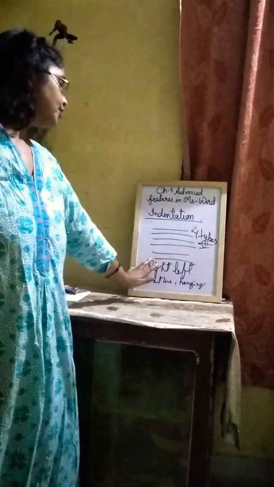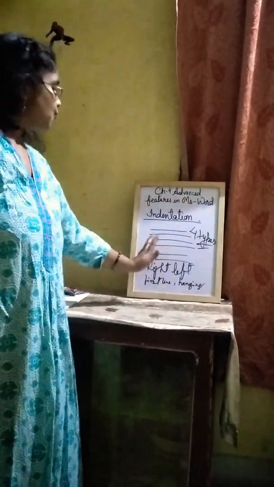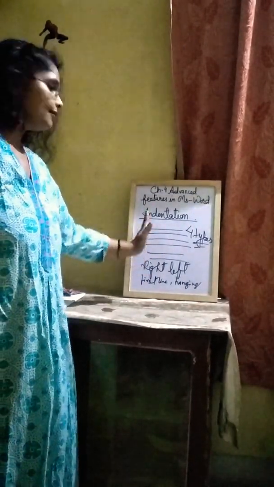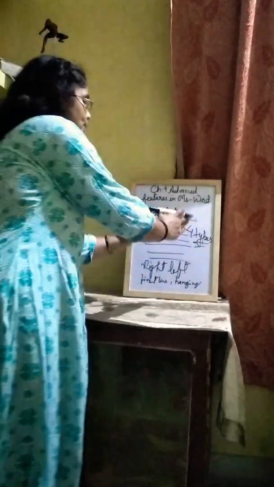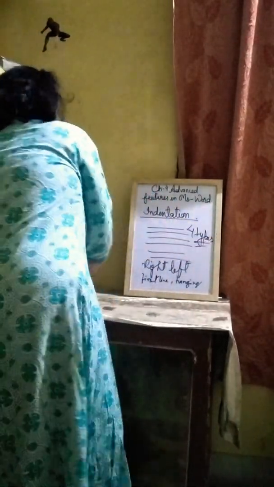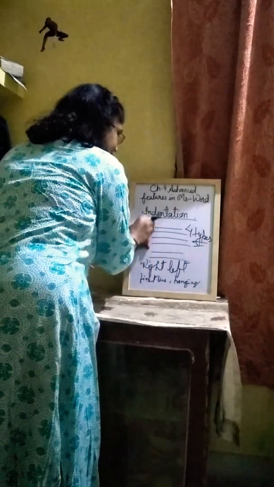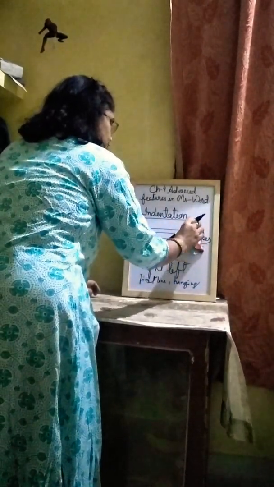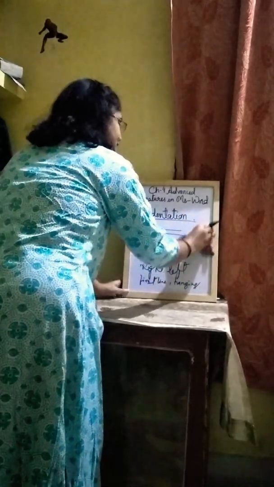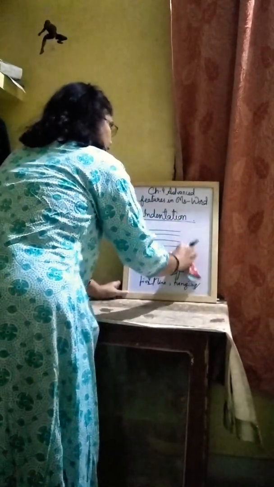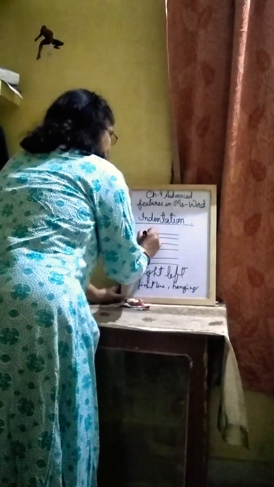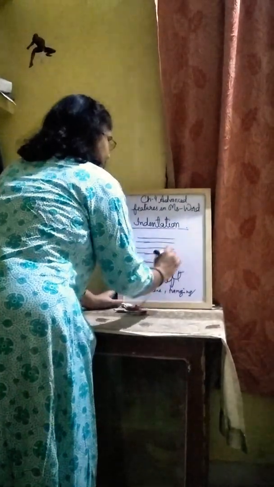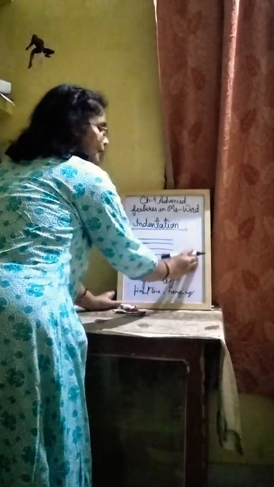Now move to right indentation. What will happen in the right indentation? If you select the right indentation, the whole paragraph is shifted to the left hand side, and on the right hand side the space will be empty.